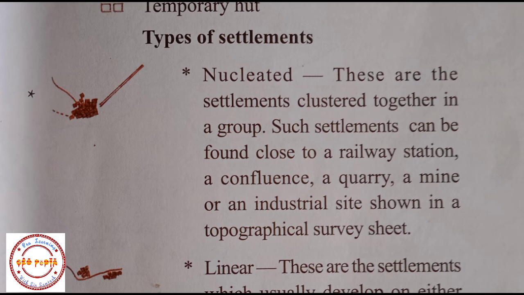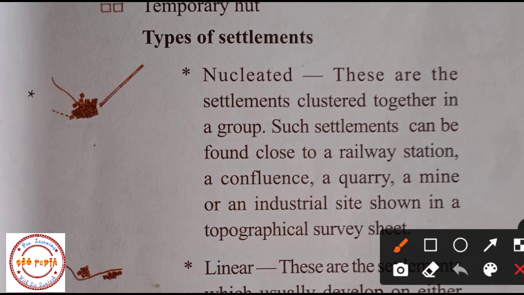Earlier I told you about post office, railway station, police station and market, but besides this there are many other important features, like railway station, confluence, quarry, mine, industries, factories. Around these features also people live in clusters, in groups. This type of settlement is known as clustered settlement, and this is how it is shown on the topographical map.